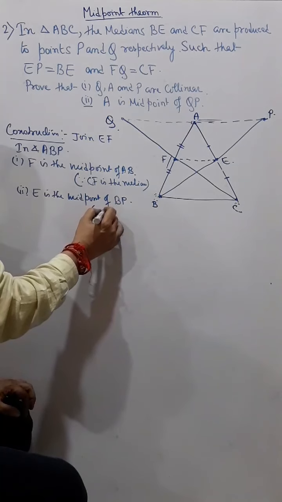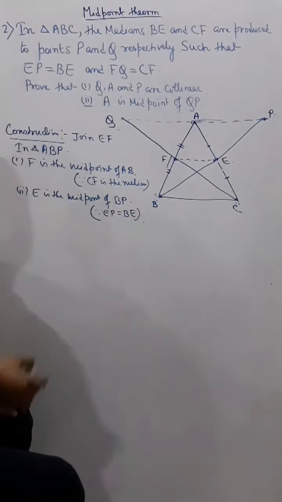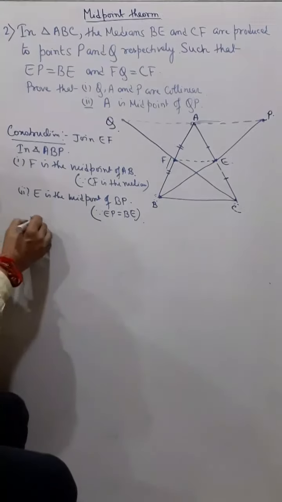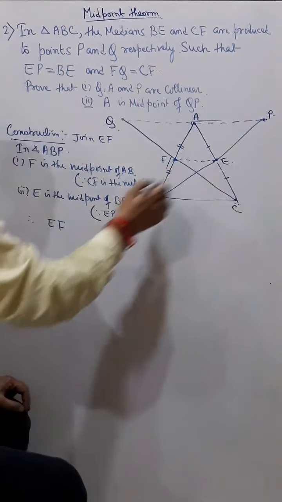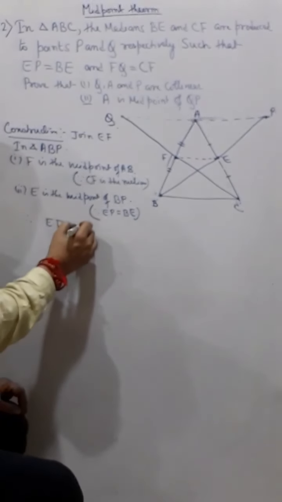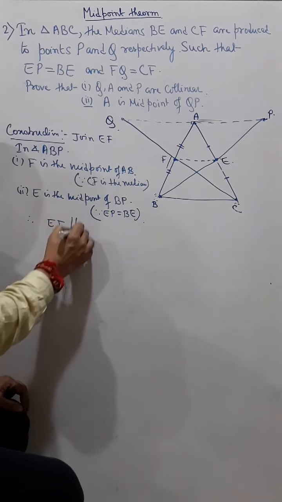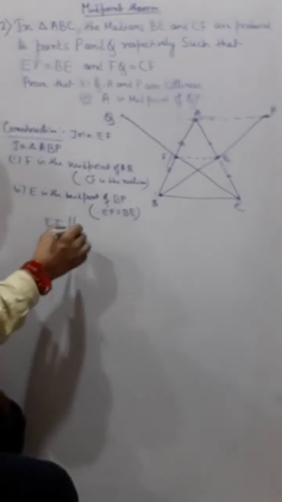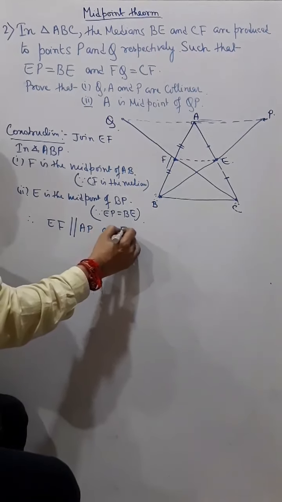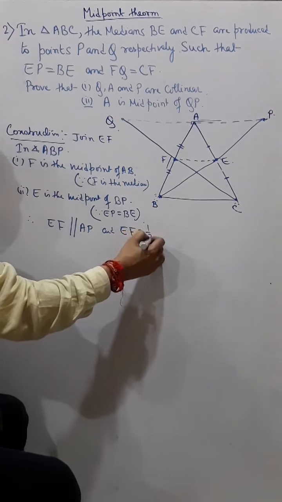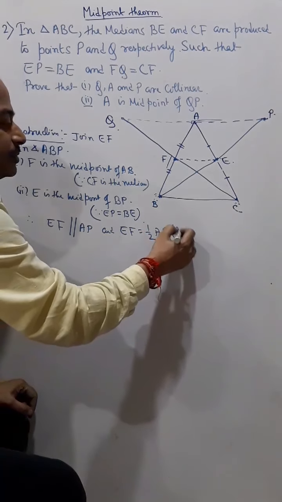Therefore we can say that EF is parallel to AP, and EF is equal to half of AP, according to the midpoint theorem.